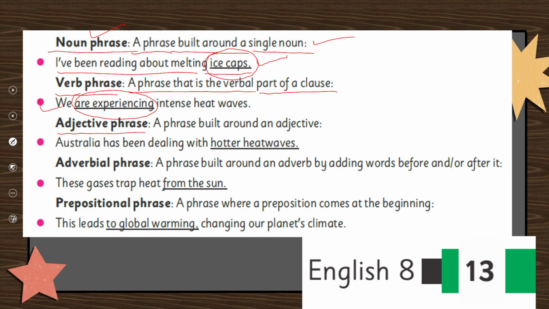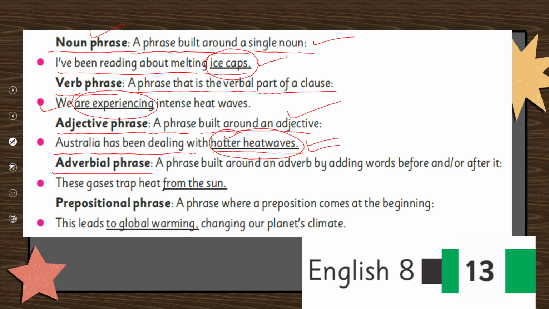For adjective phrase, a phrase built around an adjective, like Australia has been dealing with hotter heat waves. So hotter heat waves, this part is explaining the intensity of the heat waves. This is an adjective, hence we will call this adjective phrase.